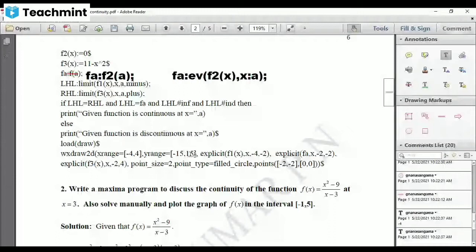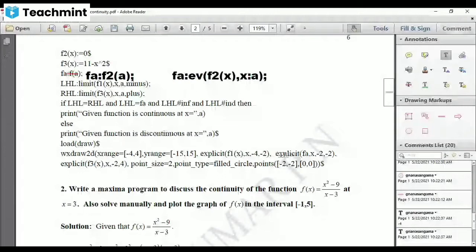Now we'll write the left-hand limit graph, that is f1 of x, comma, x, comma, -4, comma, -2. Within the simple bracket you have to write everything. Explicit of this, then comma. This gives you the left-hand limit graph.